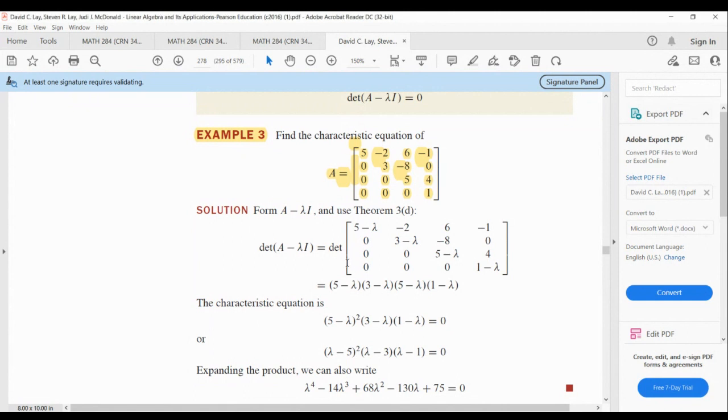To find determinants of upper triangular matrices or lower triangular matrices, all you have to do is multiply, that's right, David, multiply the diagonal entries. And so that's what you do. And the eigenvalues, yes, are 5, 3, and 1.